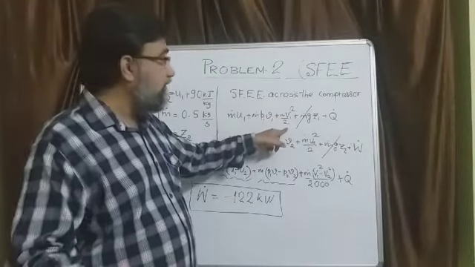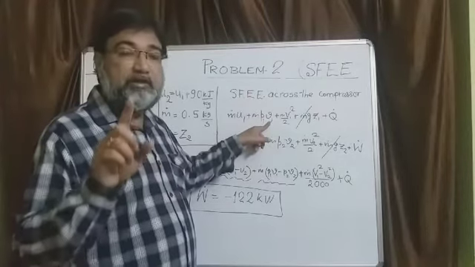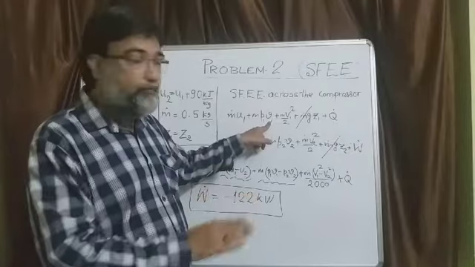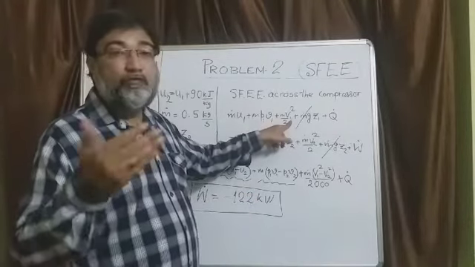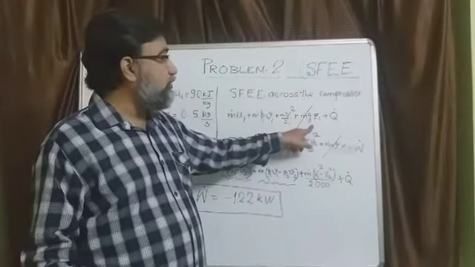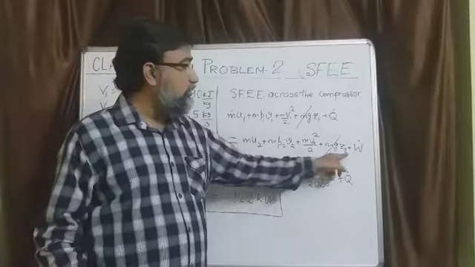Again remember that this v and this V are two different things. The small v is specific volume, used for the flow energy term, and the capital V is the velocity, used for the kinetic energy term. Then m dot g Z1 plus Q dot, and similarly these terms on the outlet side.